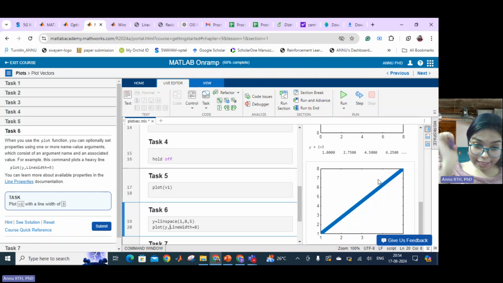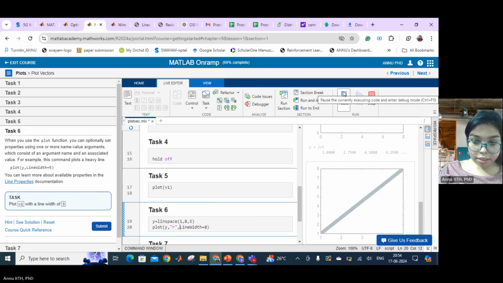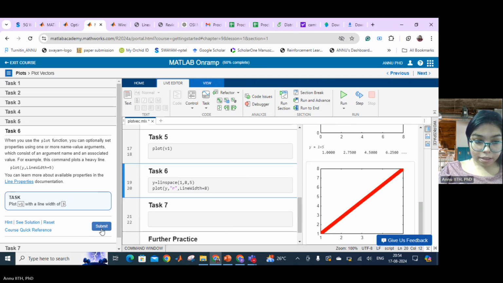Okay, and let's have some different functionality also. Red color. Okay, color I have given. So these are some things. So V1 I have done.